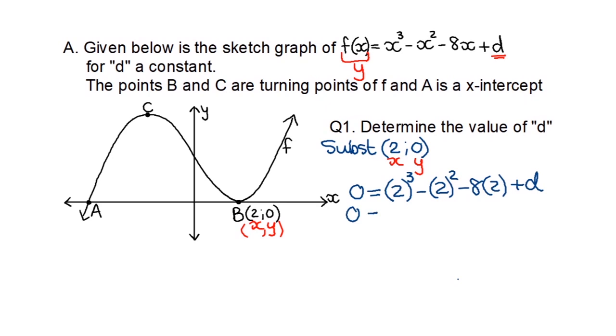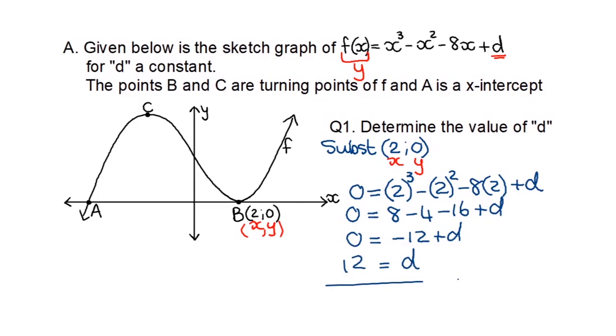In other words, 0 will be 8 minus 4 minus 16 plus d. So 8 minus 4 is 4, 4 minus 16 is negative 12, plus d is equal to 0, and if I get d separate, d will then be equal to 12.